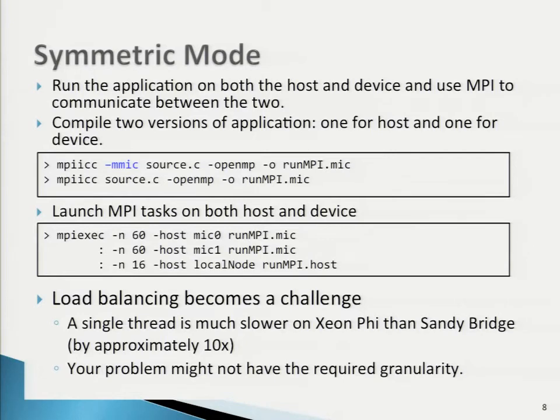Because, as I said earlier, a single thread on Xeon Phi runs much more slowly than a single thread on Sandy Bridge. So trying to break the work up into chunks such that both the device and the host will be able to finish their allotted chunk of work in roughly the same amount of time becomes very difficult.